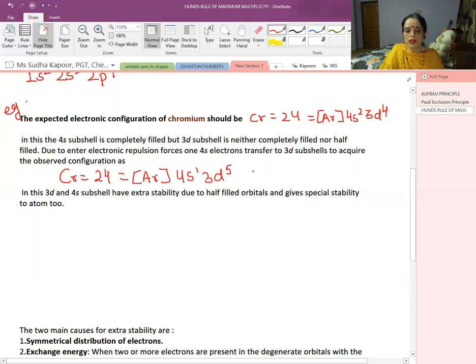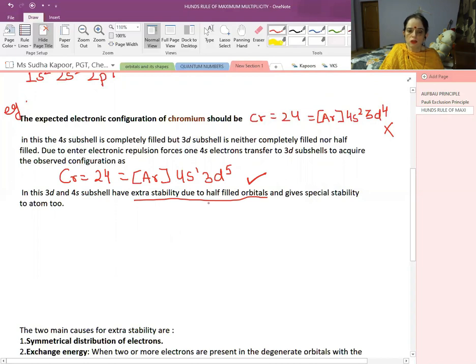Look here, students, the d is half filled now. So Hund's rule is going to say something about this also. In this case, 3d and 4s subshells both have extra stability due to the half filled orbitals, and it gives spatial stability to the atom also. So the earlier configuration is wrong, and now you are going to write the configuration for chromium as argon 4s1 and 3d5.